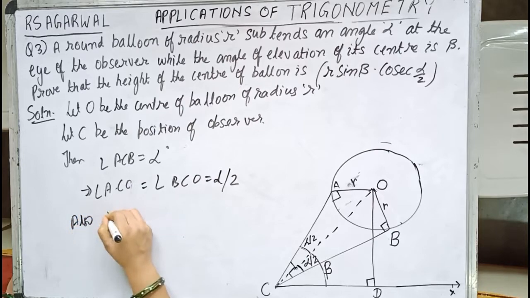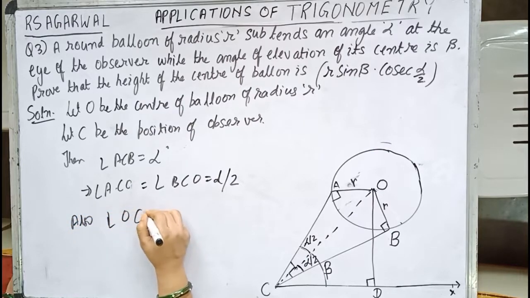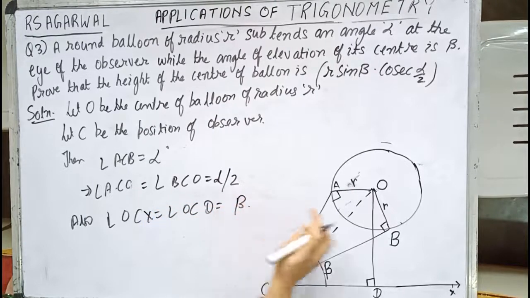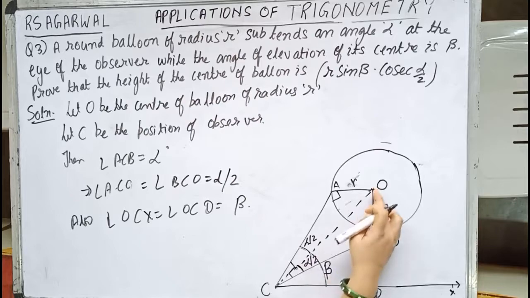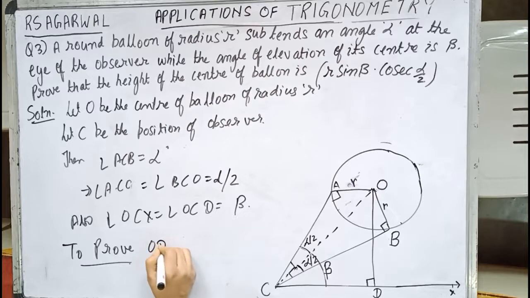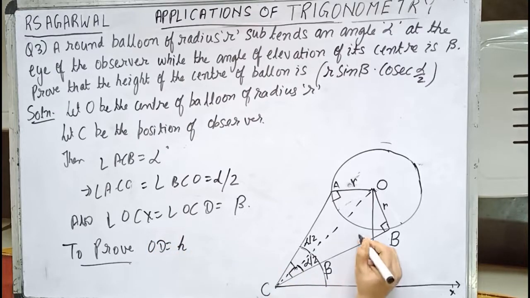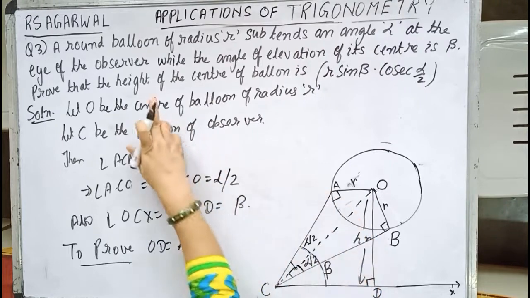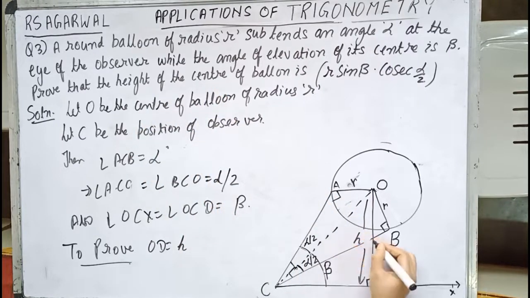Also angle OCX equals angle OCD equals beta, because it is given that the angle of elevation from the center of the balloon is beta, in a right angle triangle. Now to prove: OD equals, let us suppose H. Nothing is given in meters, so we will suppose H units.